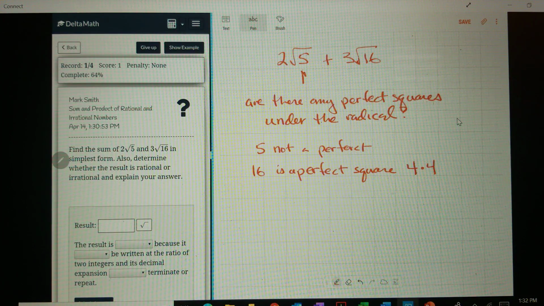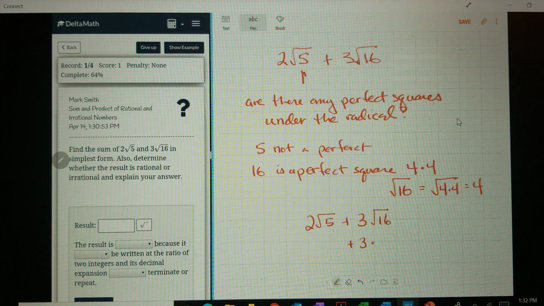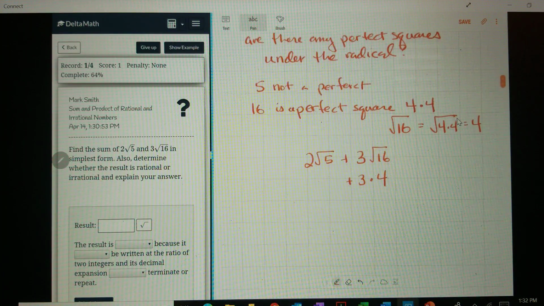So that would mean that the square root of 16 is equal to 4 times 4, which is equal to, bring a 4 to the outside. So that means that we can change this to 2 times the square root of 5 plus 3 times 4. So we have 2√5 plus, and now we have a 12.